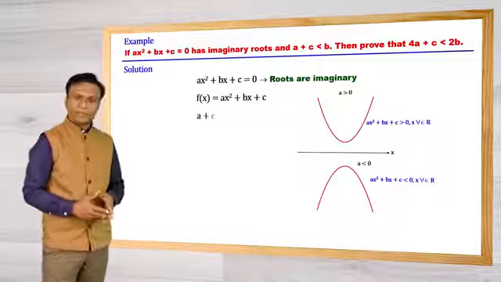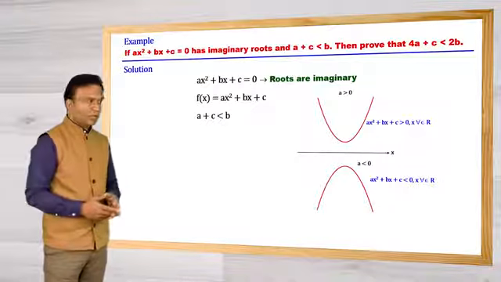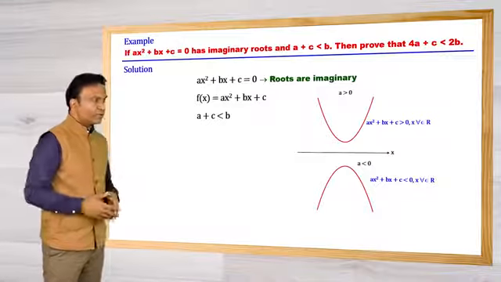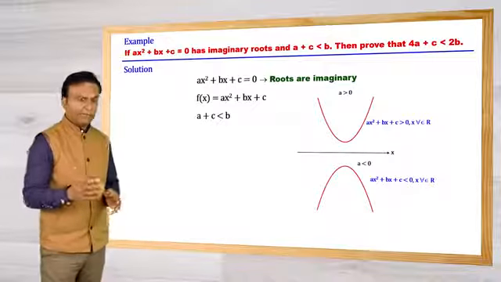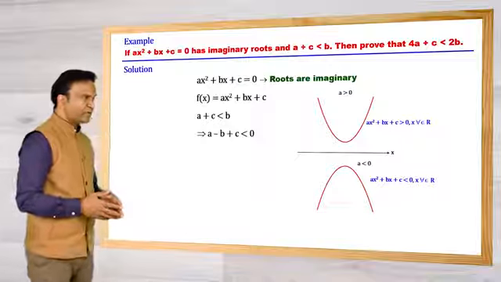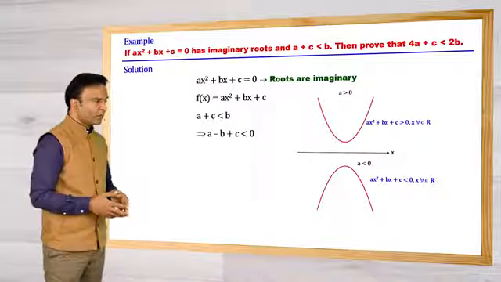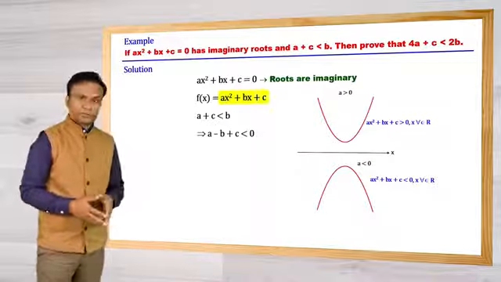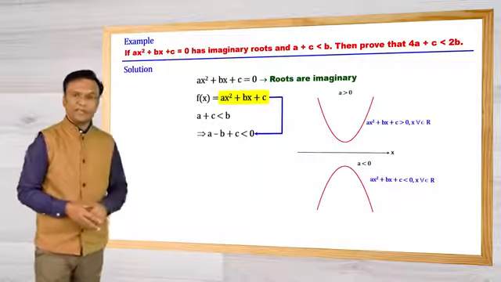a plus c less than b. Now we can put this condition like this. Take b to the left. So we have a minus b plus c less than 0. Now look at f(x) and this expression a minus b plus c.